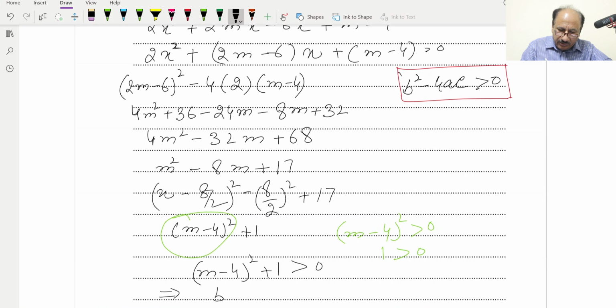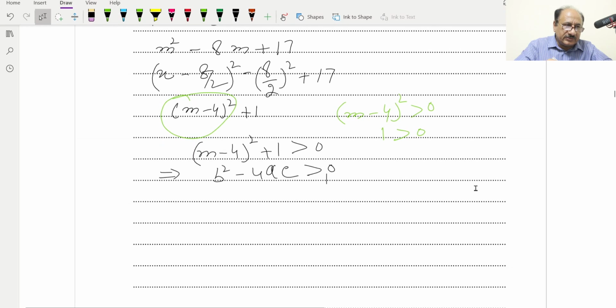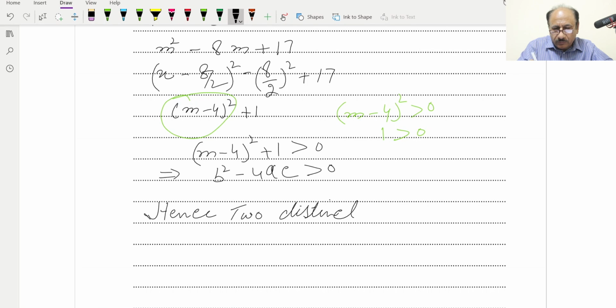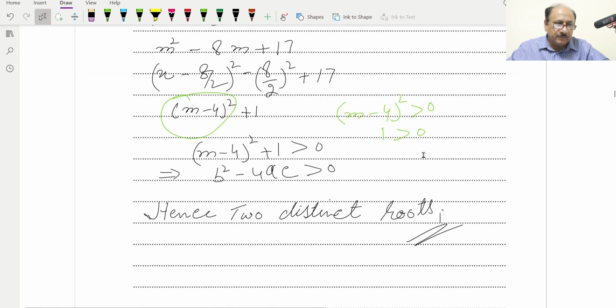This implies the discriminant, which is b squared minus 4ac, is also greater than 0. So hence this has two distinct roots. So we can write the answer, hence two distinct roots. This will be our final answer for this part.